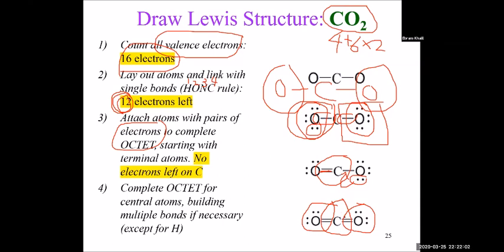Yeah, so basically you can treat it like this. Carbon has 4, and oxygen has 6. Oxygen shares 2 with this carbon. That way, this oxygen will be octet, and this carbon now has 6 electrons.